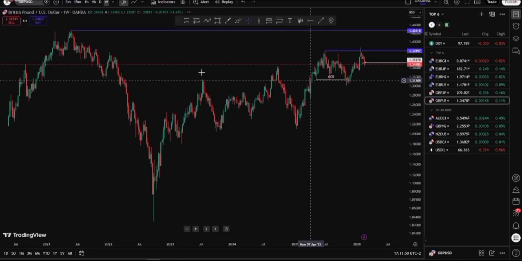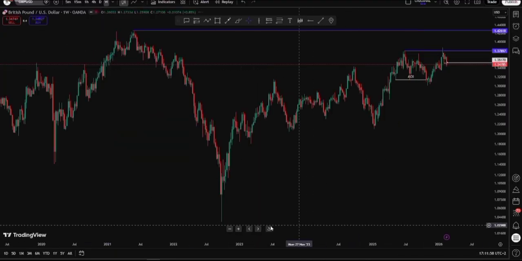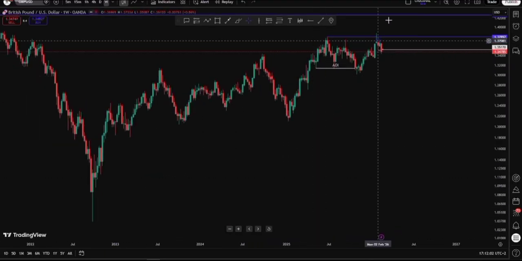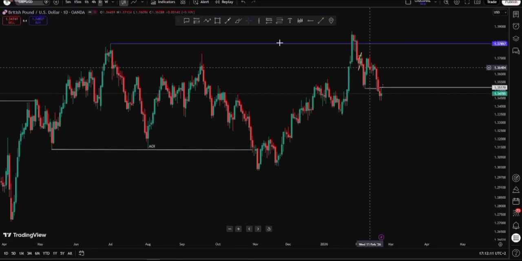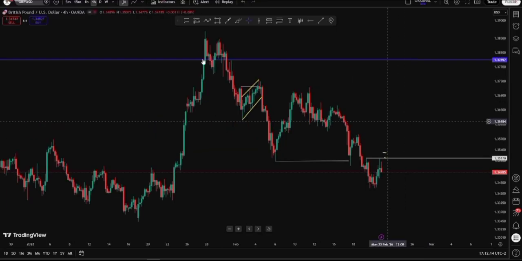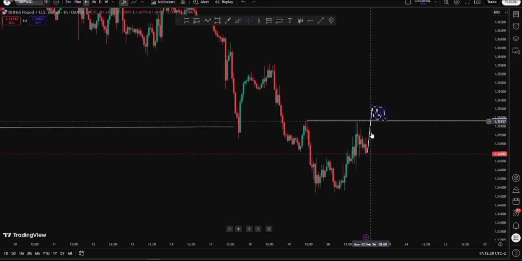So the next pair and the last pair on our top six is a dollar correlated pair. As you see, we have a double top there, and we have a top there. We have consecutive weekly bearish candlesticks, and on the lower time frame you can see that was an impulse move to the downside, and our price is going to retest that.